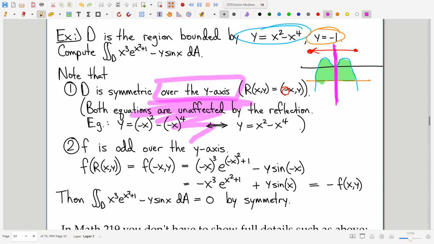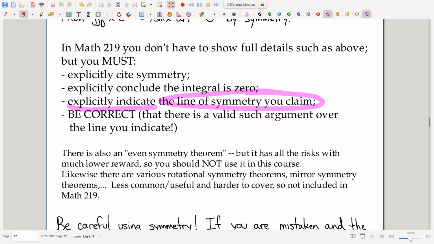Right? And the big one, you got to be right. Hopefully this is obvious, right? But if you claim that there is a symmetry argument that makes a certain integral 0, if there isn't, then what you're saying is just that it just doesn't work.